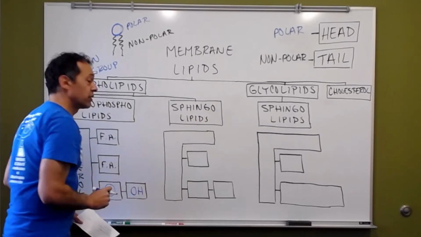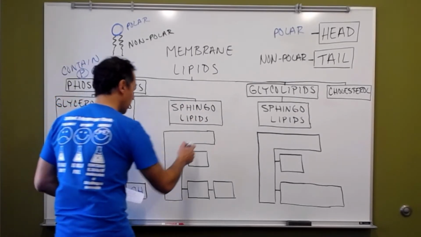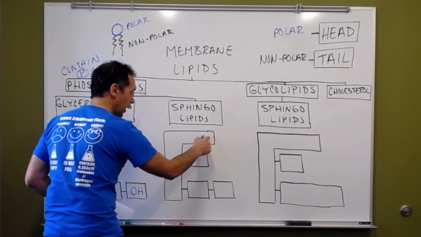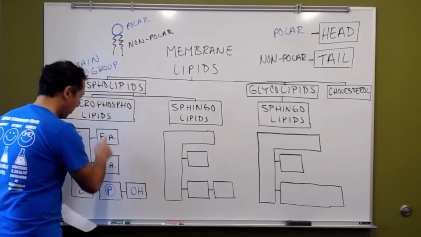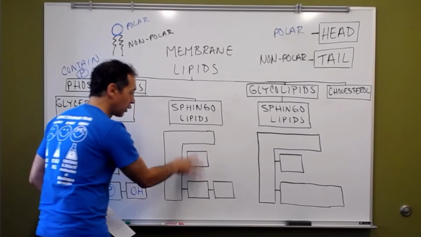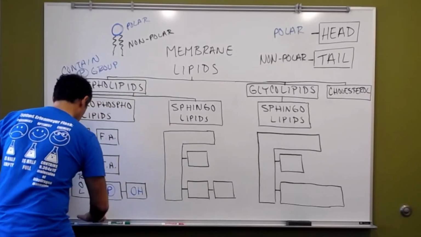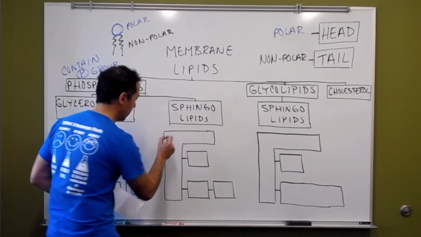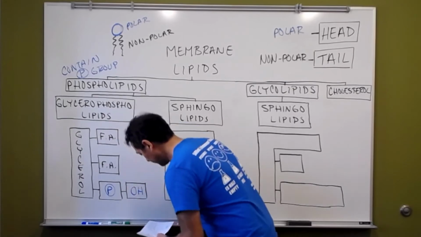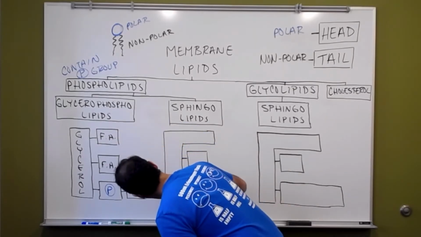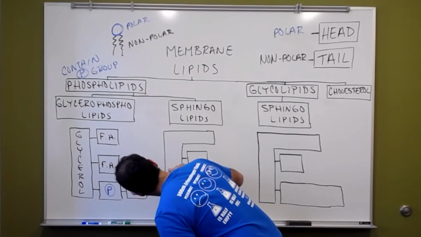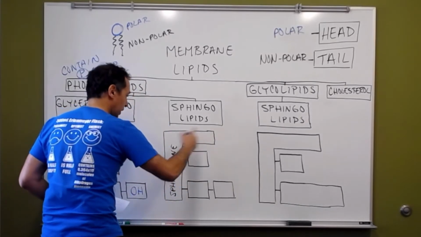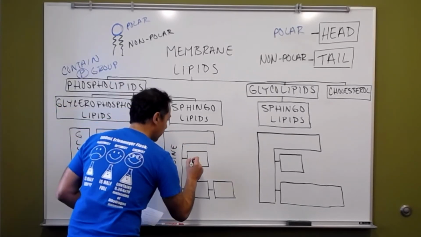Then if we take a look at sphingolipids, sphingolipids here are going to have this big long backbone, and this big long backbone kind of folds around over this way and doesn't leave room for three groups to attach like this. So there's only going to be two groups attached. And so this sphingosine kind of goes around like this, and then we're going to have a fatty acid attached.